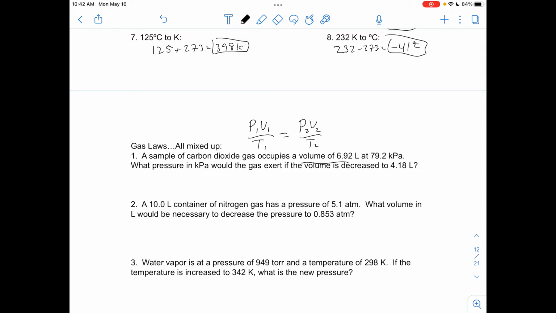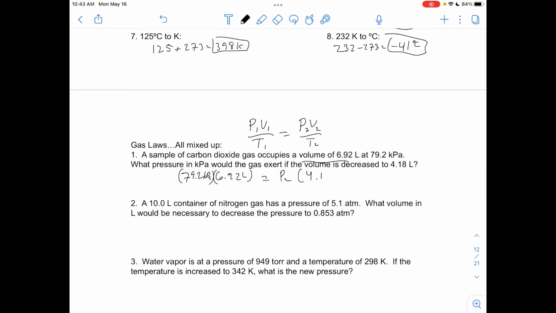So we have carbon dioxide gas volume is 6.92 liters at 79.2 kPa. Okay, so that's pressure and volume. Notice that temperature is not mentioned, so we can ignore temperature. We're looking for pressure 2, pressure in kPa if the volume goes to 4.18 liters.